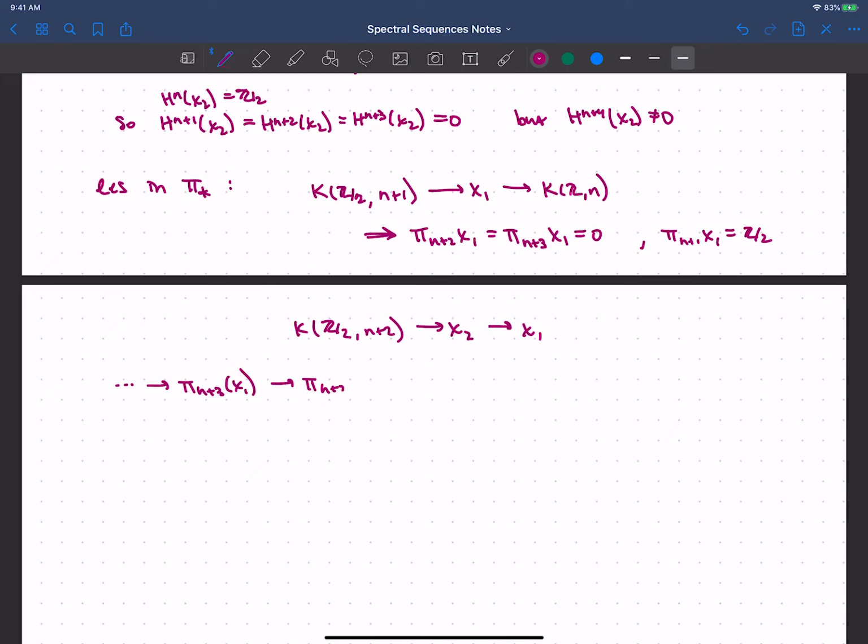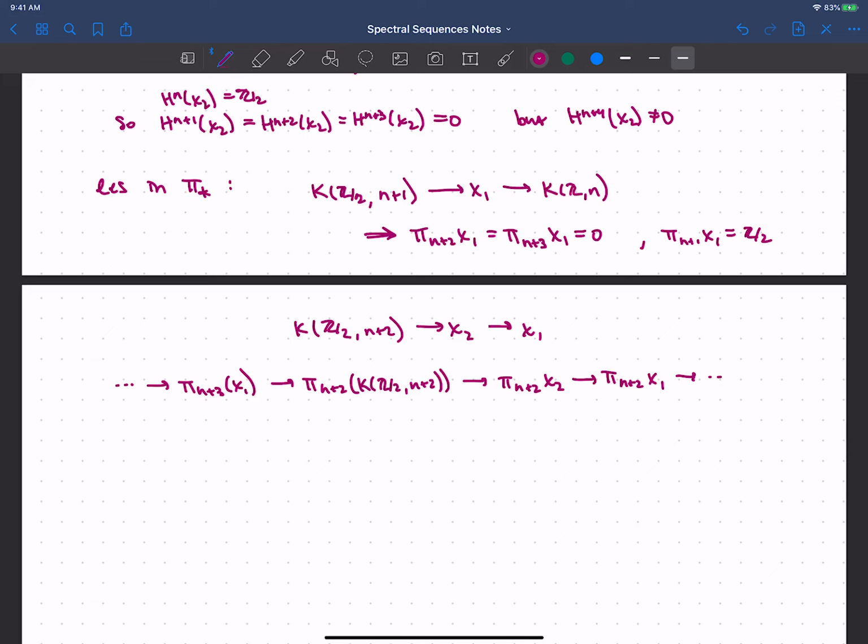It's going to map to pi_{n+2}, that's the interesting spot of the fiber, maps to pi_{n+2} of X2, maps to pi_{n+2} of X1, and so on.